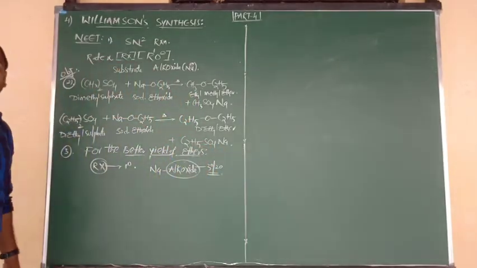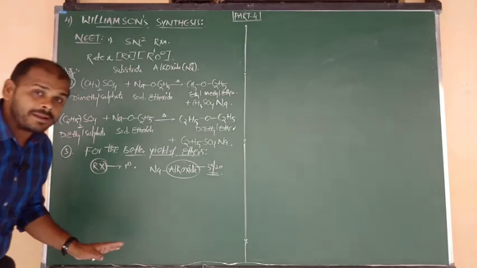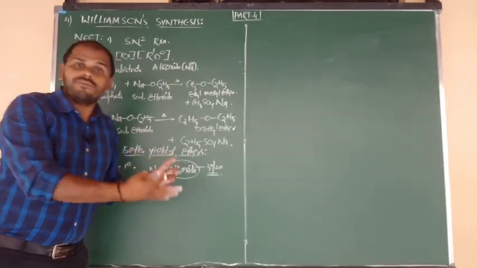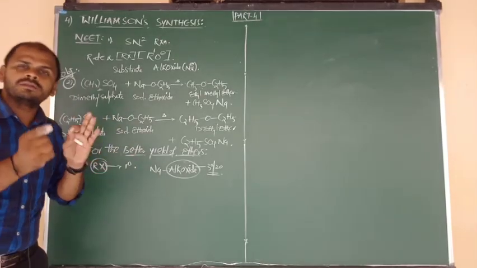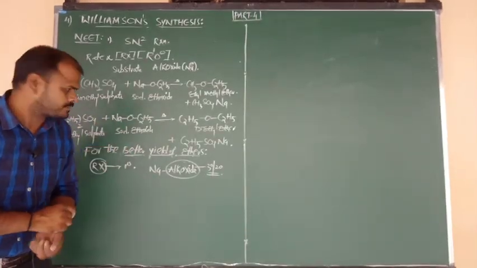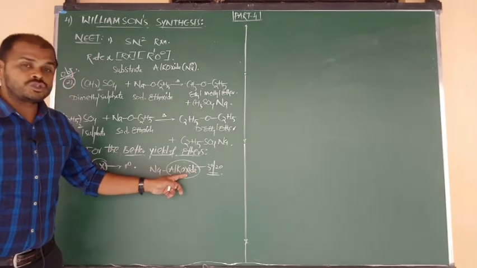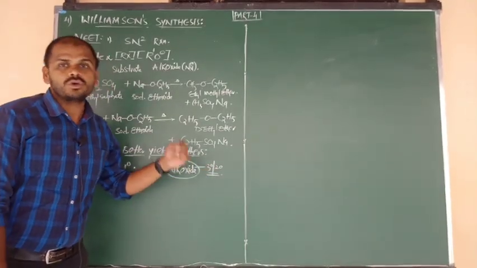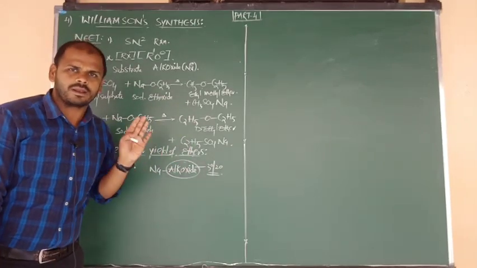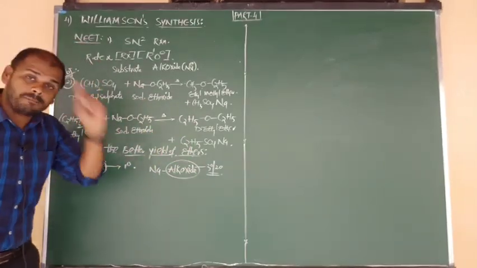This is the rule you have to apply. So what is the rule here? For a better yield of ether, the alkyl halide must be primary, like methyl bromide, ethyl bromide. And the alkoxide ion should be either secondary or tertiary, no problem. If it is tertiary, it can be very good, no problem here. But the alkyl halide should be primary only.